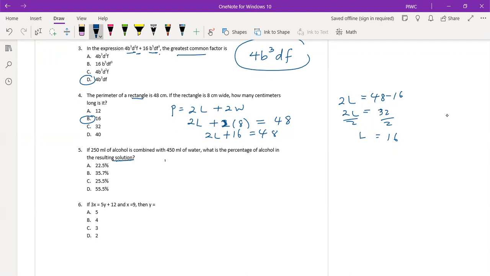So the total volume for the resulting solution will be equal to 250 plus 450, and that should give us 700 ml. So what percent does the alcohol form out of this? The alcohol is just 250 out of 700. If I multiply this by 100, then it gives me the percentage.